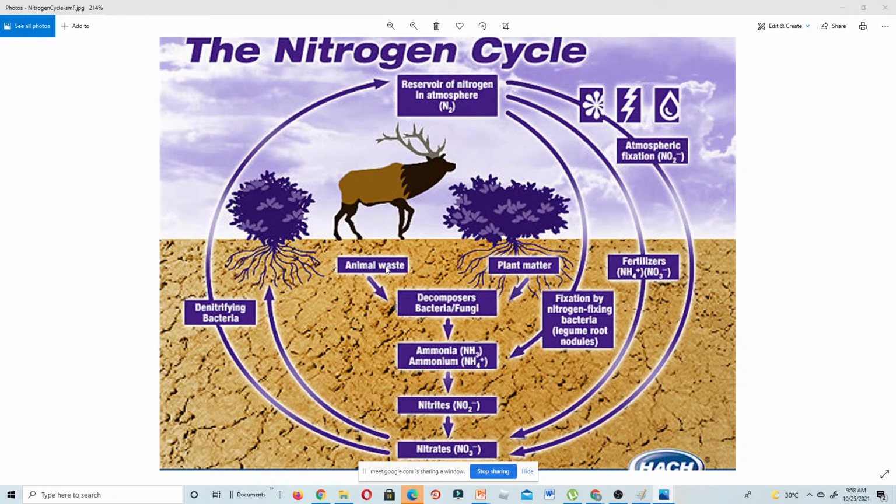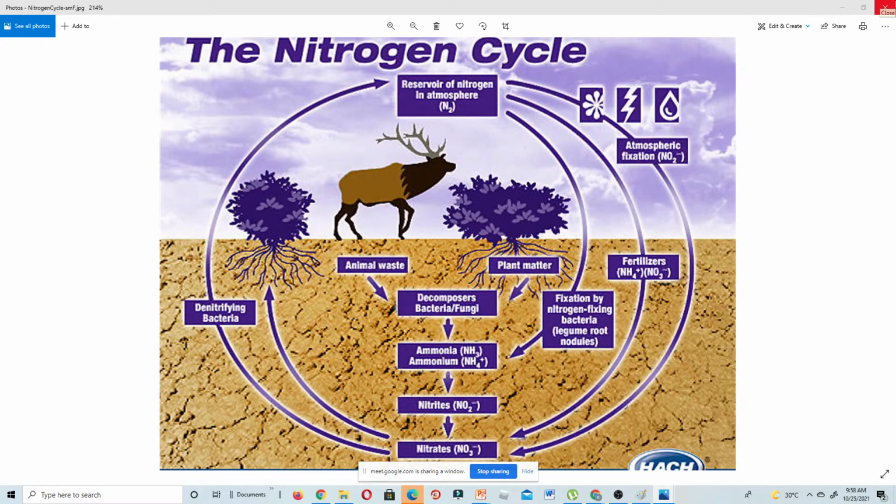Right, so the animal waste and the plant waste, you see the arrow coming from the animal waste and the plant waste pointing towards the box that says decomposers. So they are saying that bacteria and fungus, or fungi, are examples of decomposers.